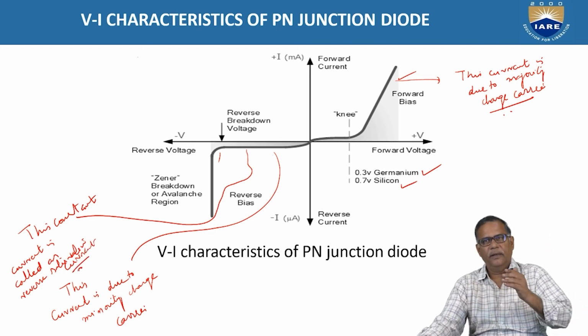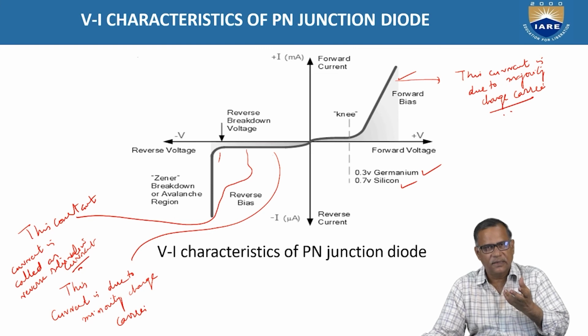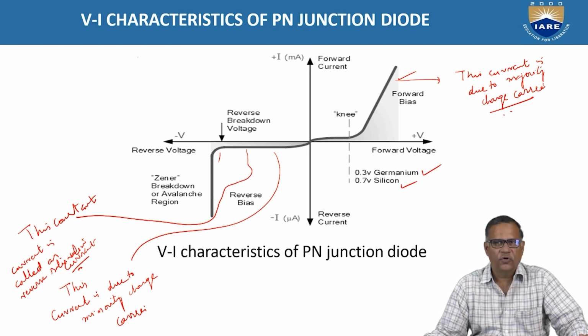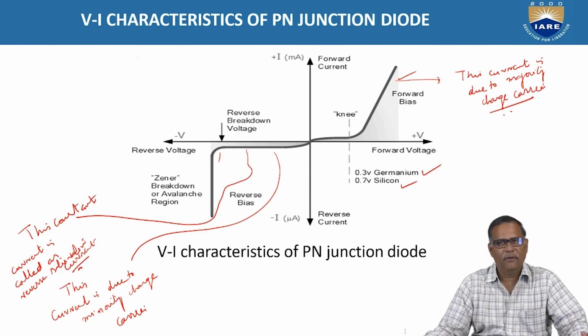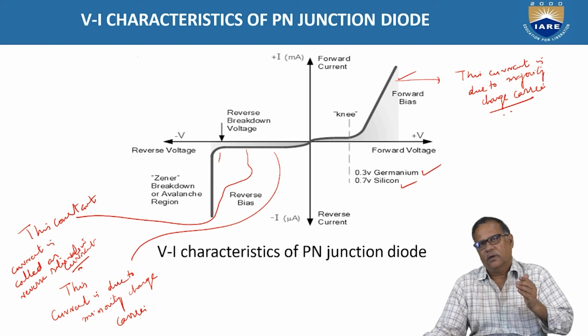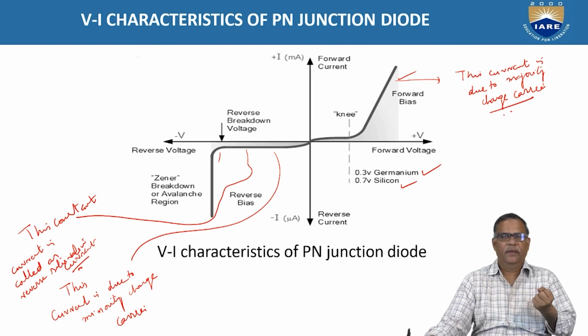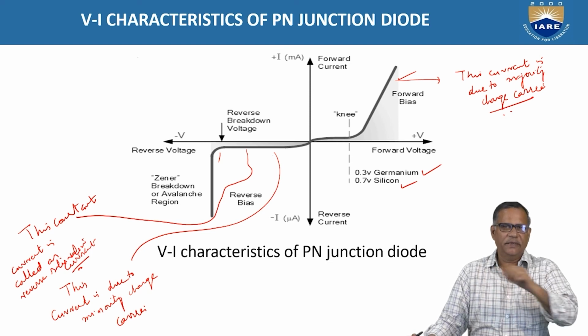Okay. And in reverse bias, if you increase the voltage beyond a certain limit, then a breakdown is going to happen, and the breakdown can be Zener breakdown or avalanche breakdown. That is because when a large amount of voltage is applied, the charge carriers get a lot of momentum, and with high speed they hit the atoms.